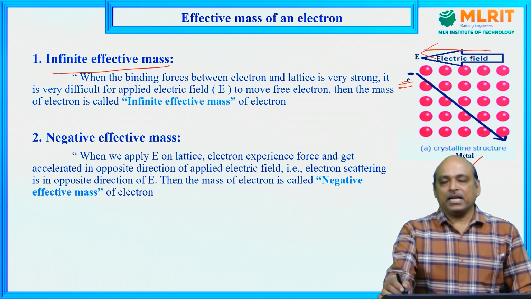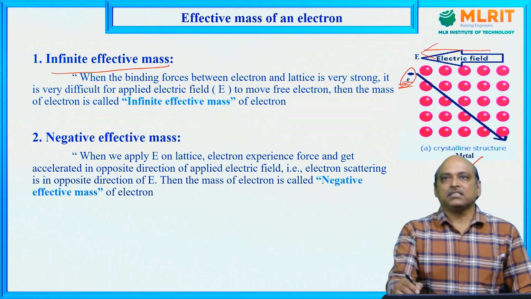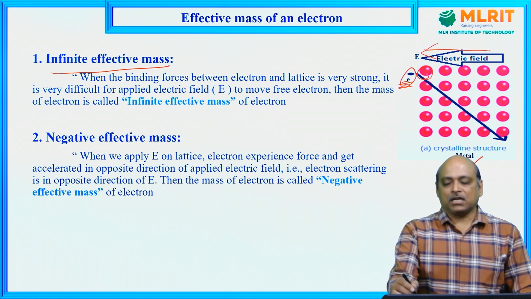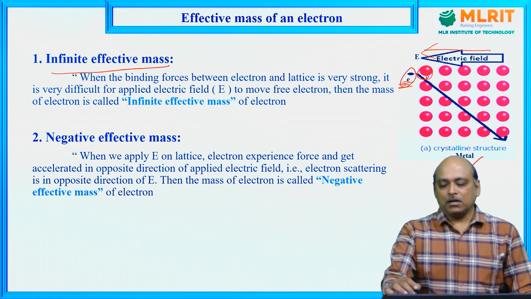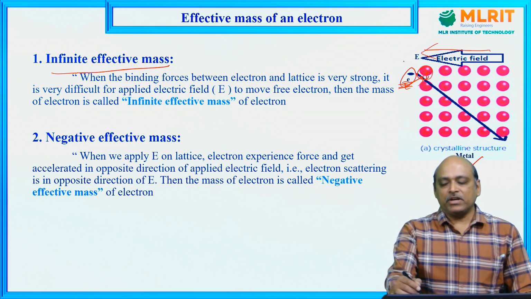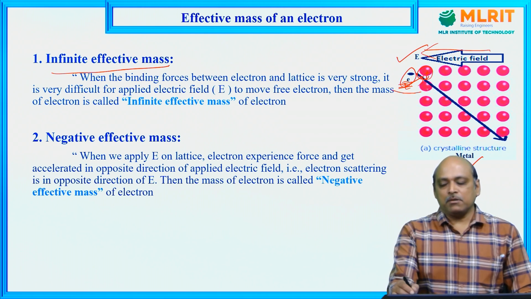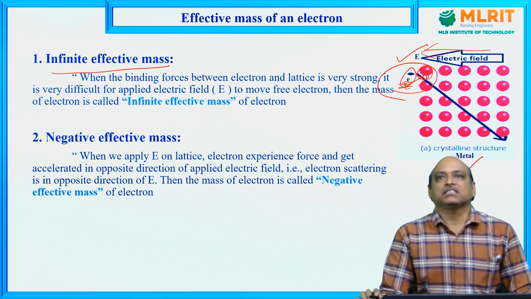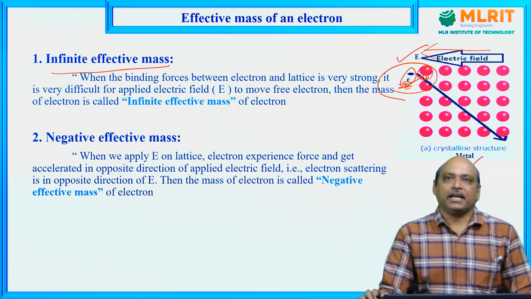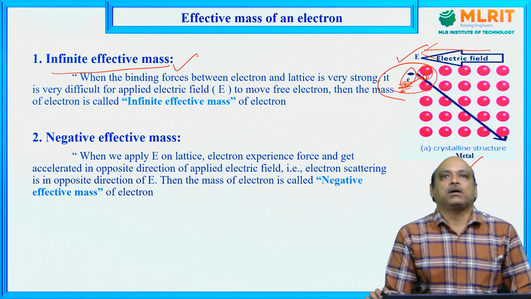When you apply an electric field, sometimes what will happen is, if the negatively charged electron and the positively charged ion have a very strong electrostatic attraction between them, then even when you apply a strong electric field, you are unable to move the mass of electron. In such a situation, the mass of electron is treated as infinite effective mass of electron.